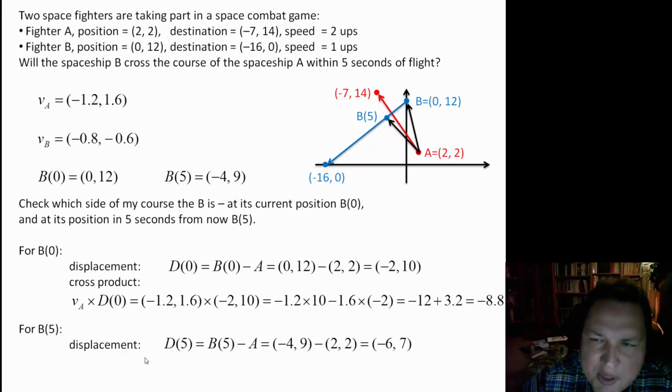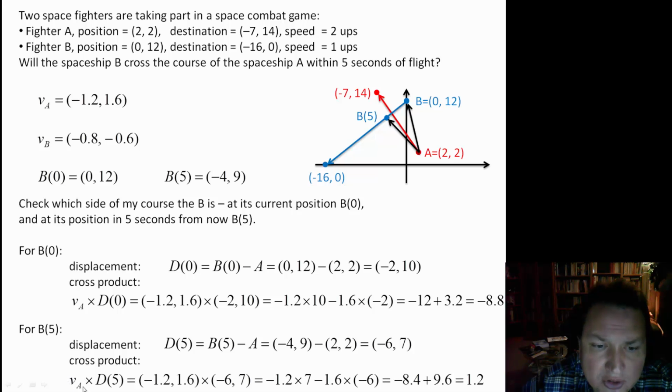So the displacement, going back to this place here, is between B5, the position of fighter B after 5 seconds, and the initial position of fighter A, which is (-6, 7). And the last calculation is the cross product.